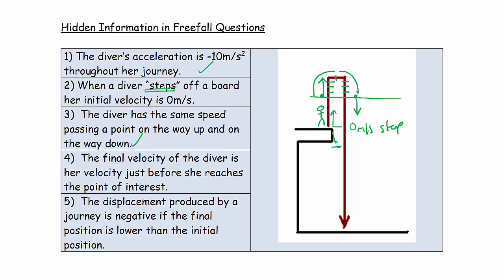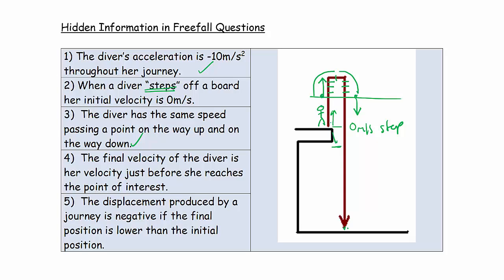And finally, the final velocity of the diver is her velocity just before she reaches a point of interest. So typically I'd say, what's the final velocity here? And a lot of people would say 0 meters per second because she just hit the floor or she hit the water or something. And it's not, because once she touches the water, she's no longer in free fall, and so my journey has already ended.